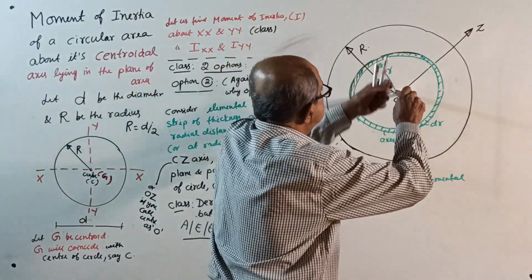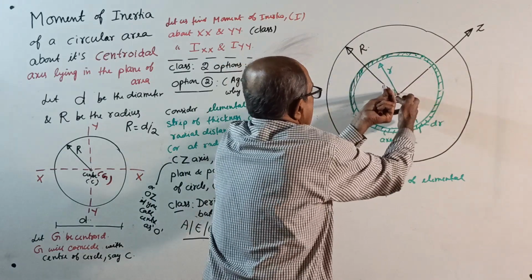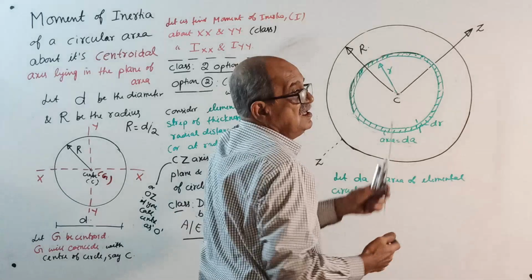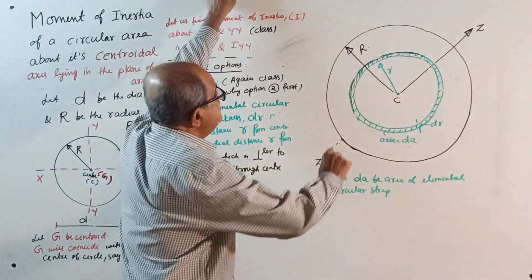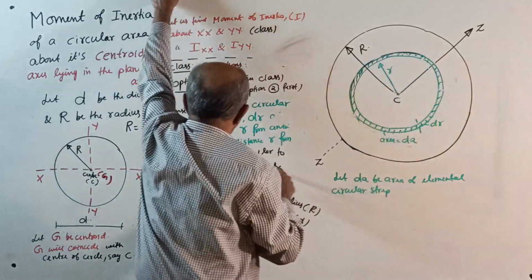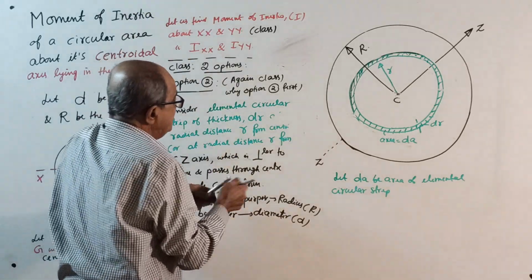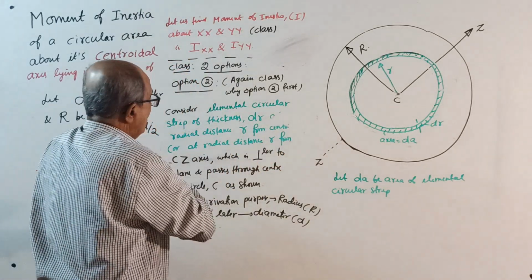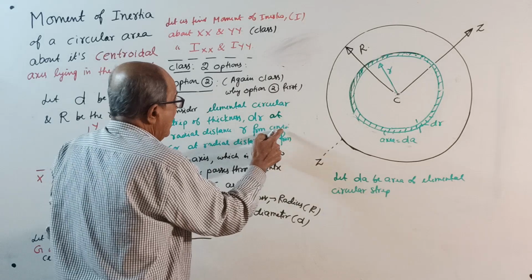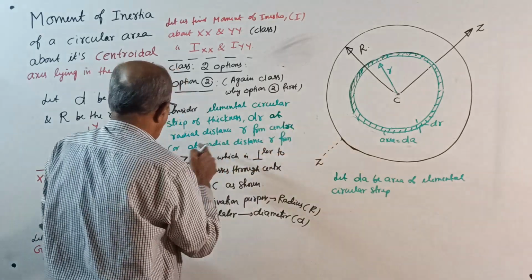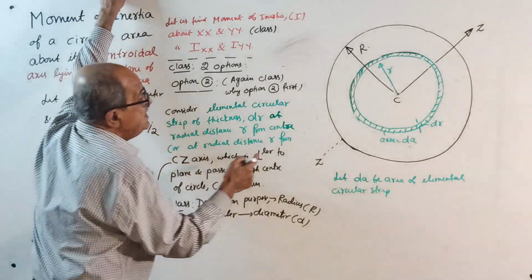r, r, r. That's why in this option 2, we consider an elemental circular strip of thickness dr at radial distance r from center, or at radial distance r from the CZ axis.